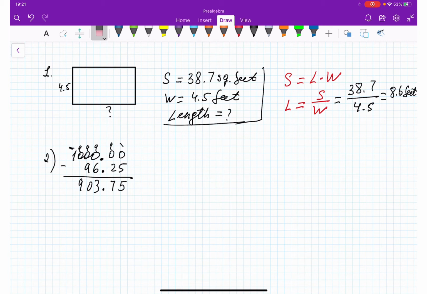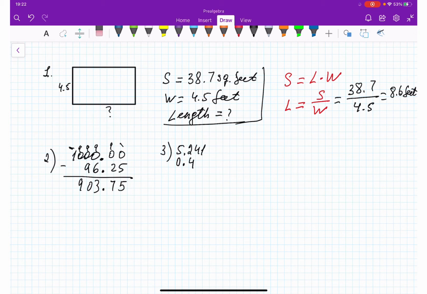Question number 3. 5.241 plus 0.4. Okay, so let me write down 0.4, because the decimal point is here, so I put 0 here, decimal points lined up, and 4 here, right?